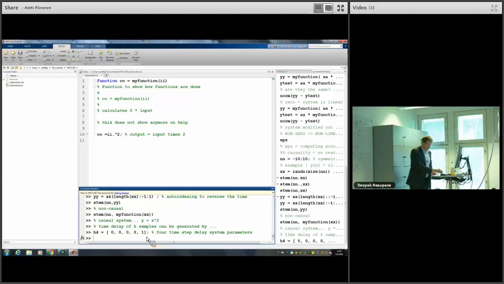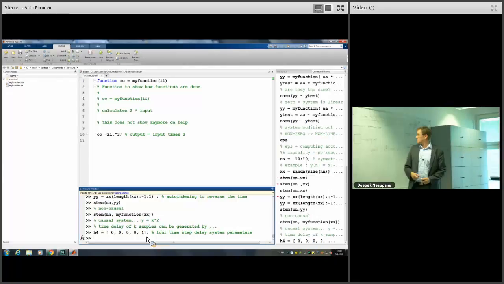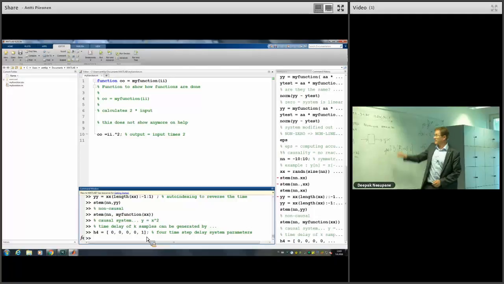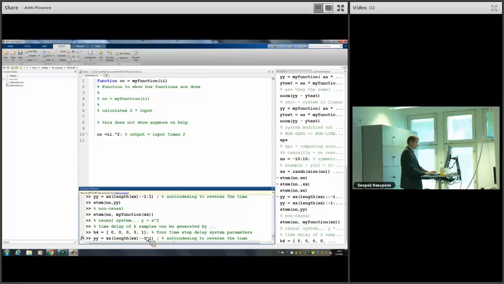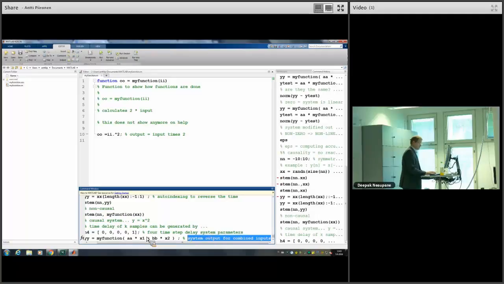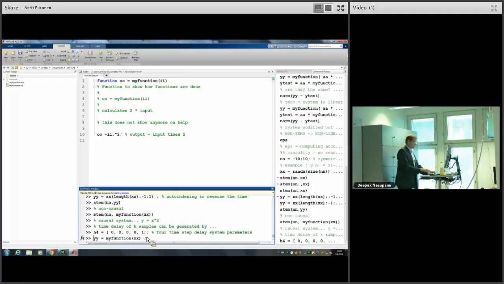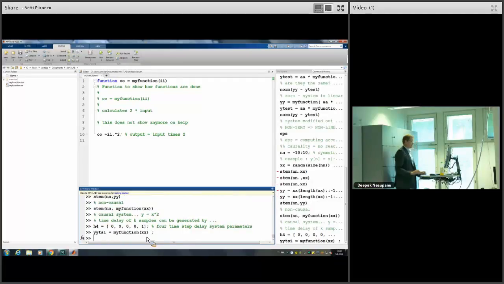So we calculate this first, y of n, and check if that one applies. So y, oops. My function, where's my y function? There we go. We have a test vector xx. And that's the time shift invariance test.